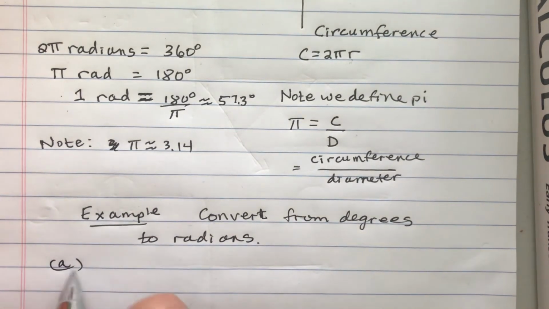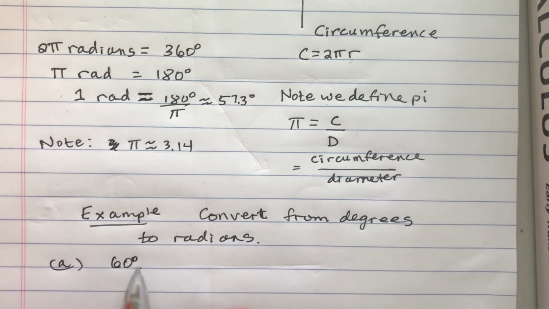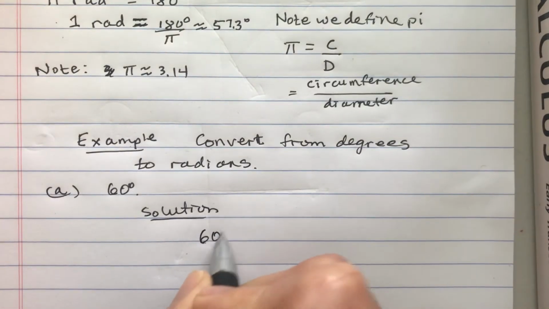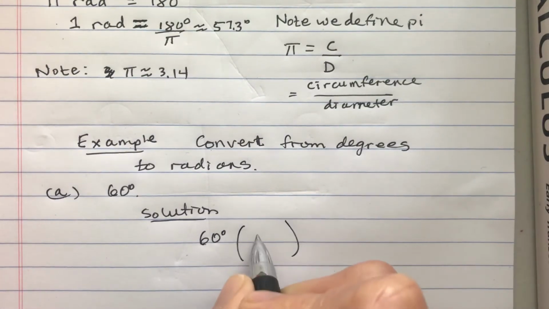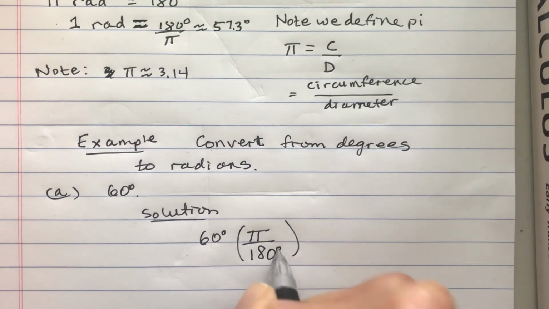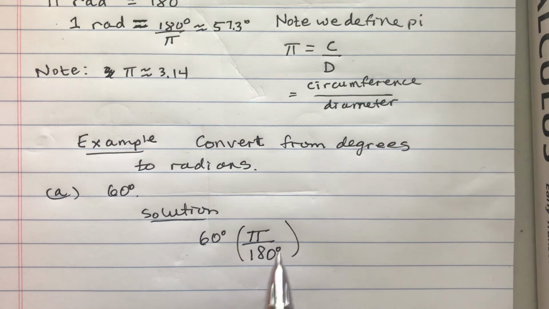Let's just start off with 60 degrees. So the solution is that we take the 60 degrees and we multiply by this factor, which is pi radians for every 180 degrees.